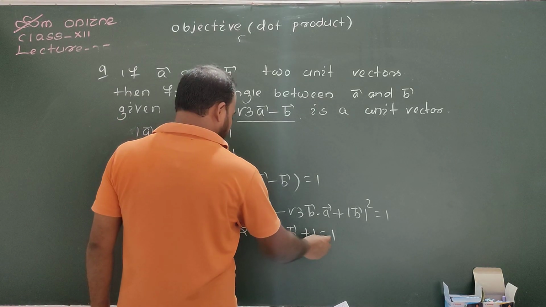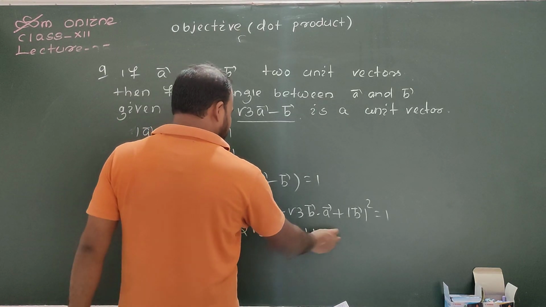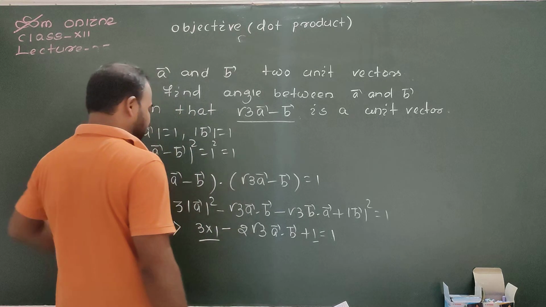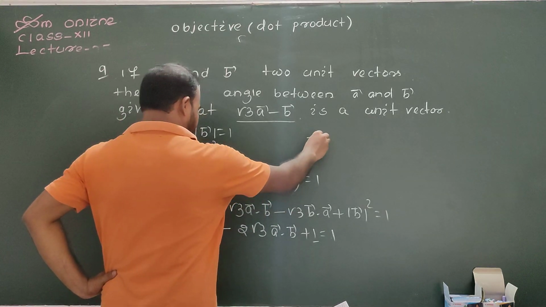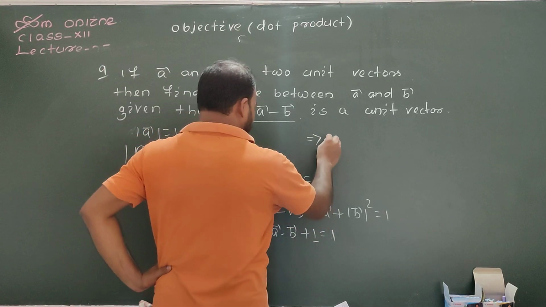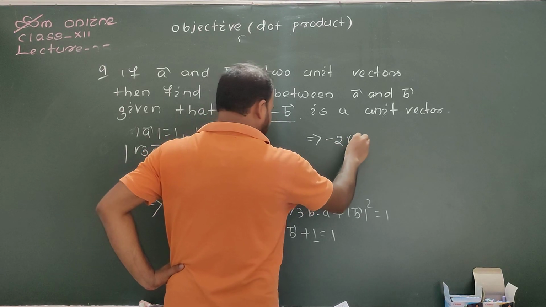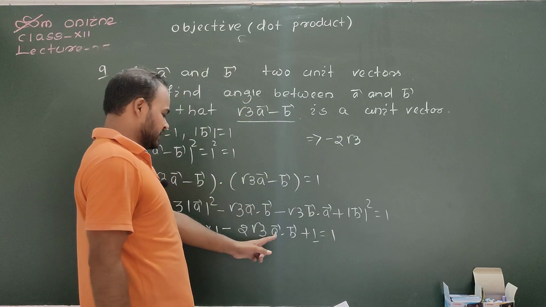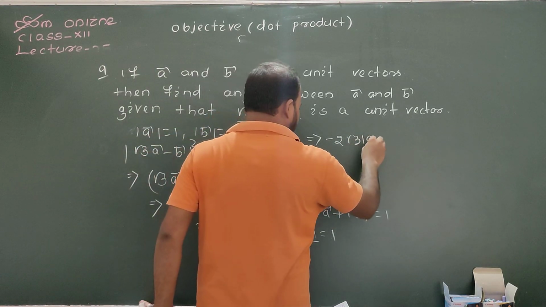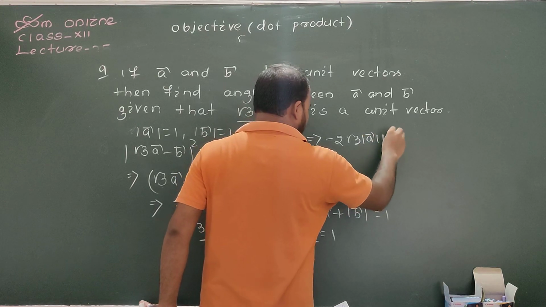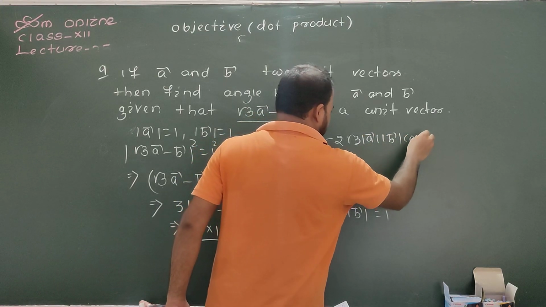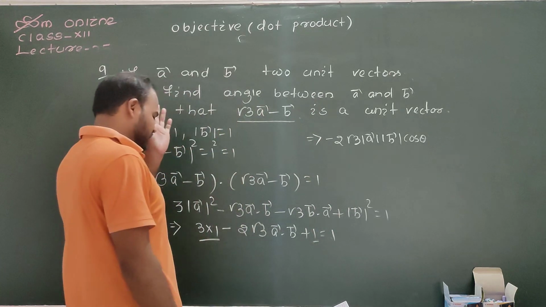So on the right hand side this is 1, so we get minus 2 root 3 times a dot b, that is magnitude of a into magnitude of vector b cos theta, if theta is the angle between them.